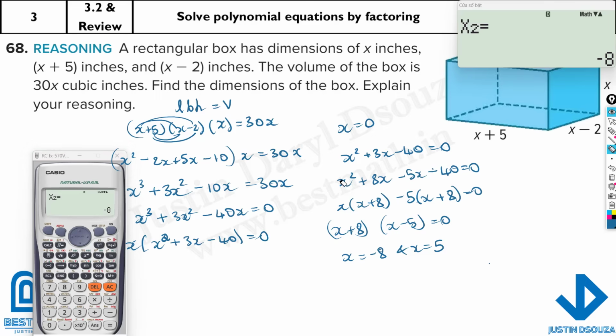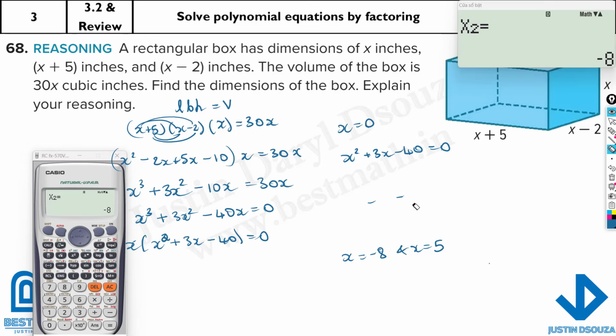So basically, I won't have these steps, I will only jump to the answer directly. Because from the calculator, I know x is minus 8 and 5, or 5 and minus 8. Then what I'm going to do in the above step is just write x plus 8, x minus 5, that is equal to 0.